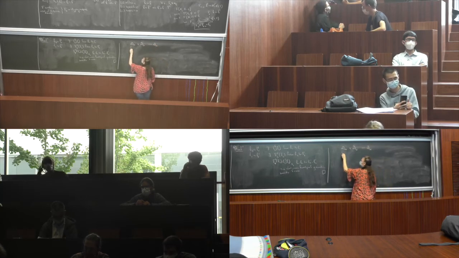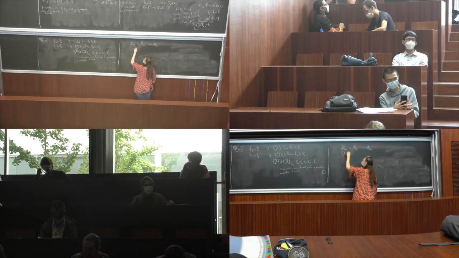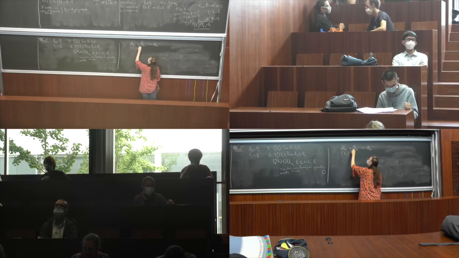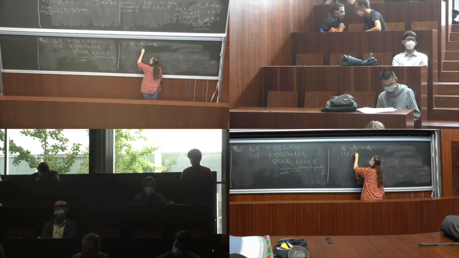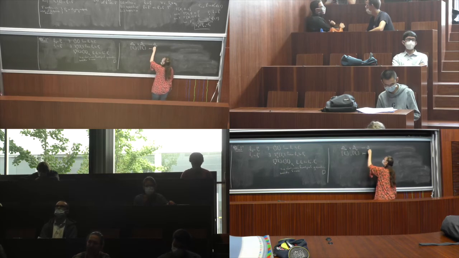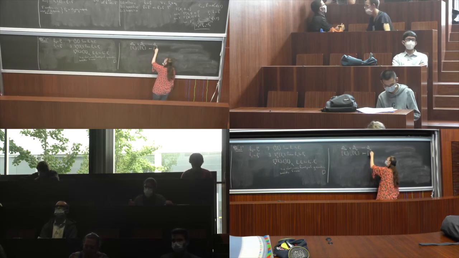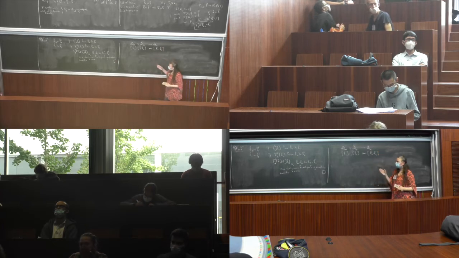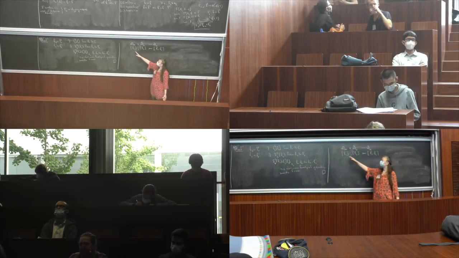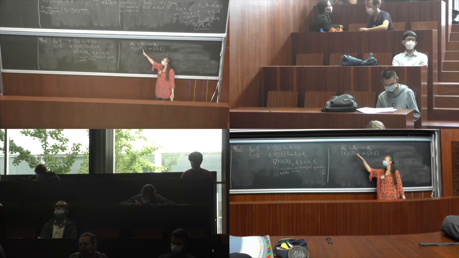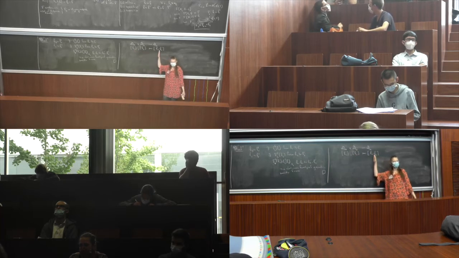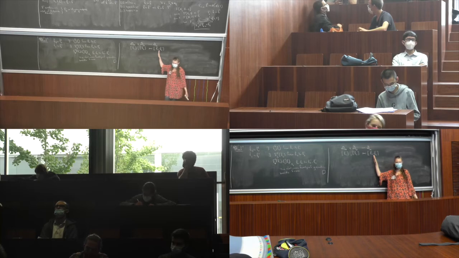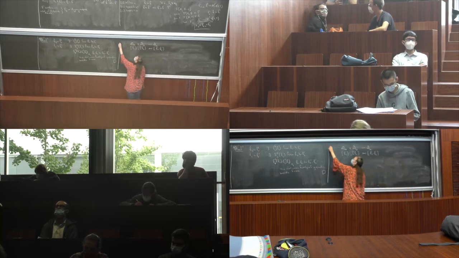I can take a braid represented by B1, a braid represented by B2, and I take the class of their product. And what we just checked means that whatever the representative I take here, whatever the representative I take there, I get the same element in the same class. So now I have this operation.